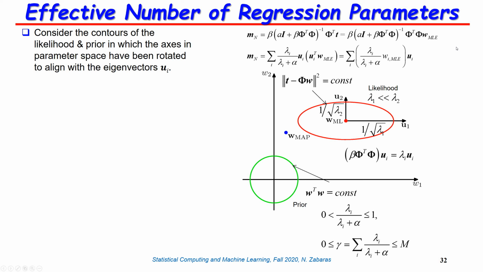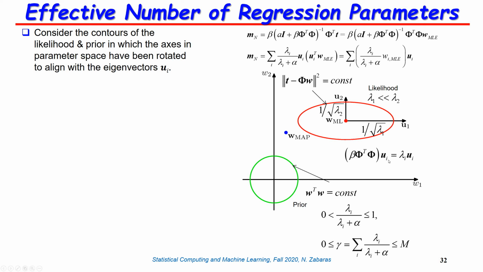If you remember, the MLE estimate is phi transpose phi inverse times phi transpose t. So I'm substituting phi transpose t with phi transpose phi w_MLE, so I can get an equation that relates the mode of the posterior for w in terms of the MLE estimate for w. I'm going to use the eigen decomposition of beta phi transpose phi that I had in my previous slide using Bishop's notation.